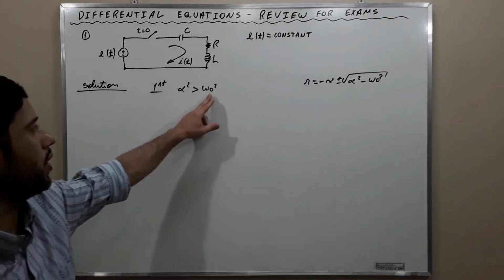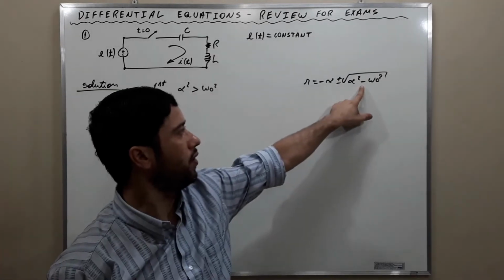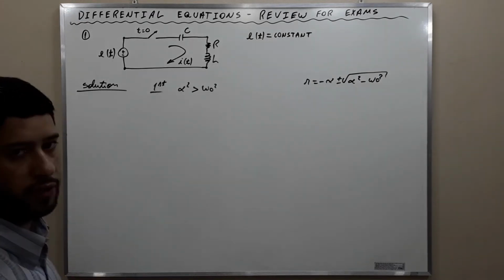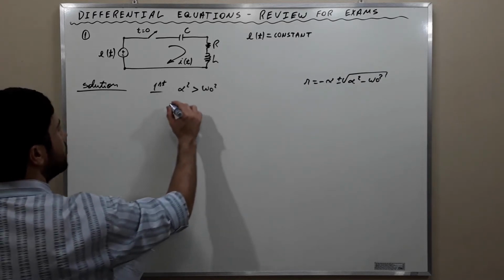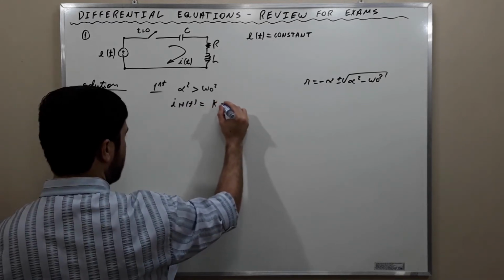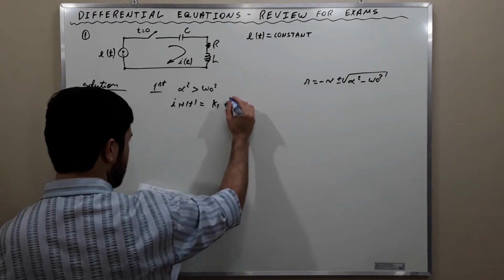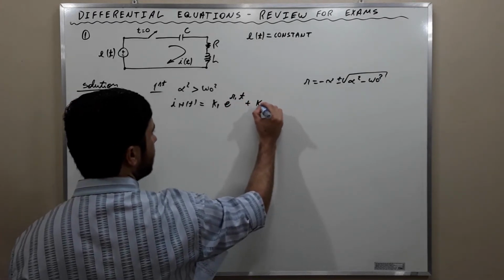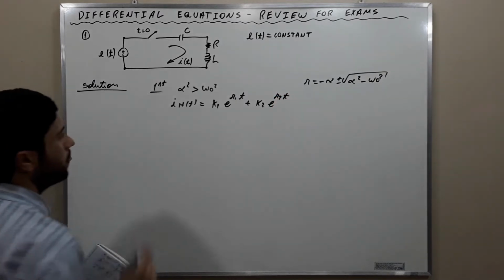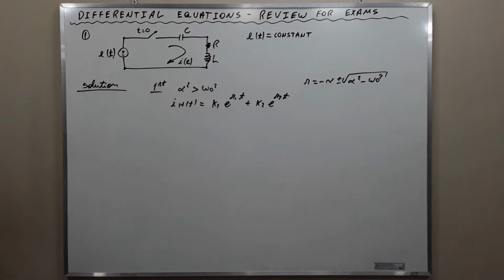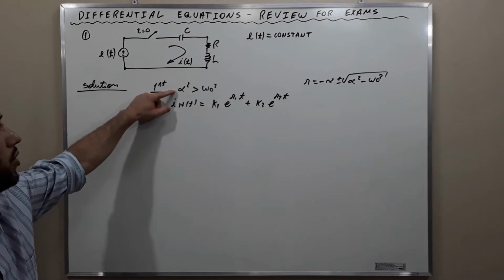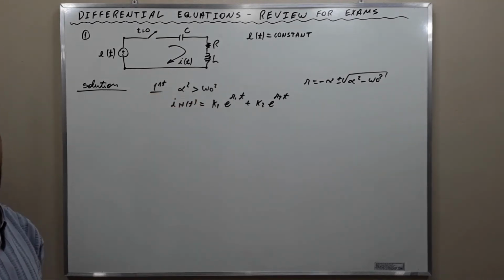When alpha is greater than w0, this term here is real, and the roots are real and distinct. And the homogeneous solution is of the sort k1 times e to the r1 t plus k2 times e raised to the power of r2 t. Okay, this is the first case, the first homogeneous solution. It is the case for which alpha squared is greater than w0 squared.